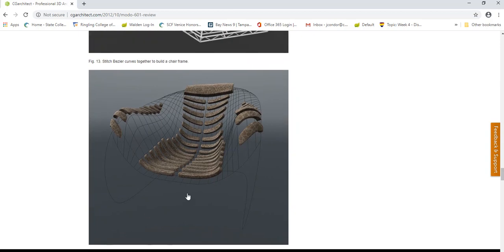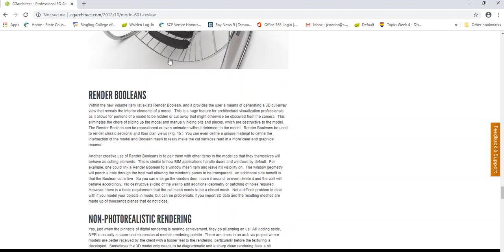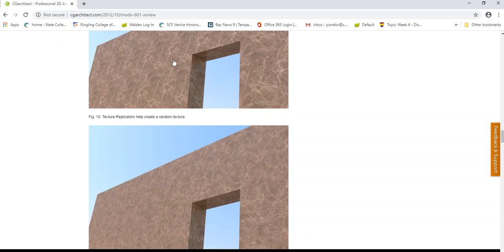It says render stitch Bezier curves together to build a chair frame. So to do the curves, you have to piece it together. You can't just draw one curve to get all of this, right? You're putting in multiple curves, and you're putting control points on them, control handles, and you're moving this thing to shape it. So it's a lot of work to do something like that. But you can get pretty much any kind of design that you want.